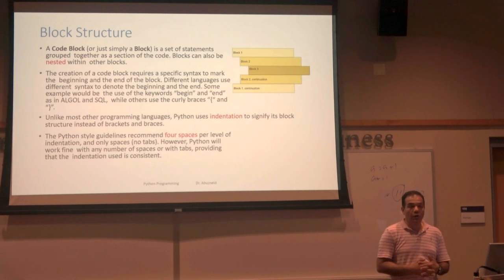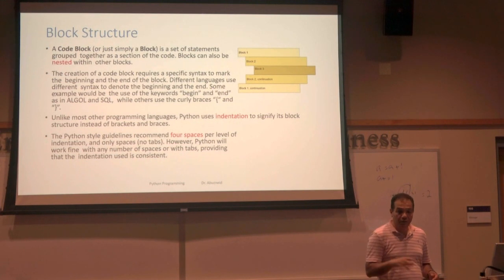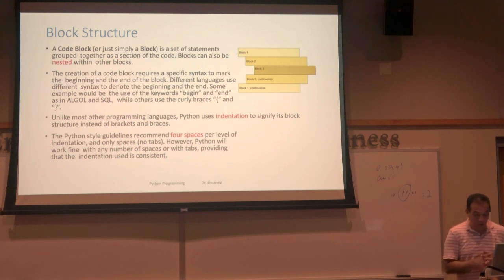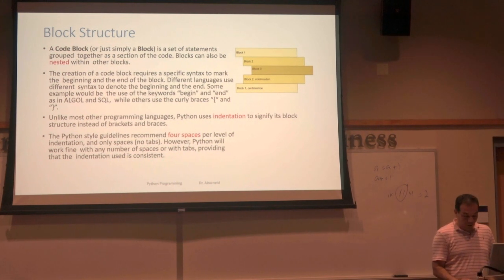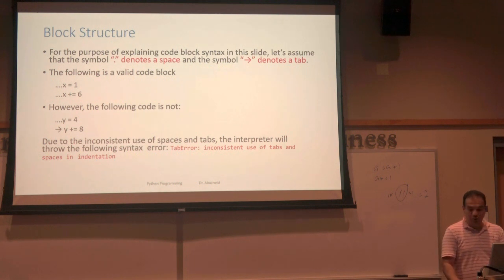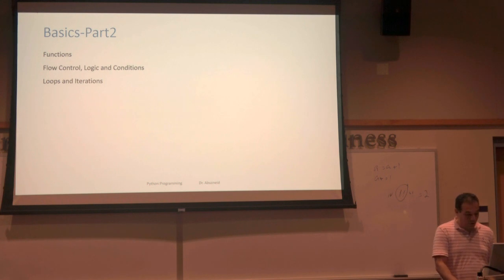They recommend 4 spaces for indentation. You could use tab; I use tab myself. Whatever, you have to have proper indentation in your code, or it will cause you a lot of problems. Not a lot of languages use indentation, but here you have to use it. I don't have to explain it here, since I already explained it in the code.